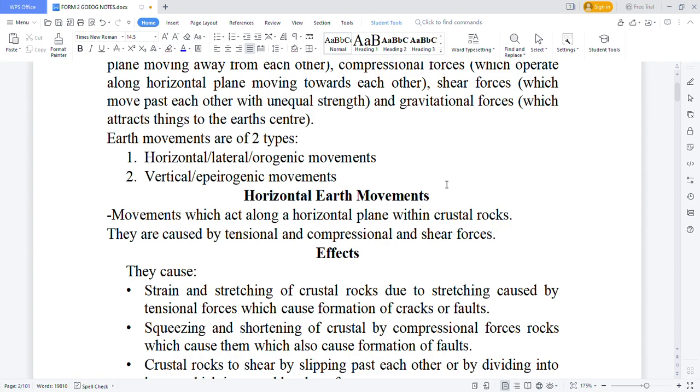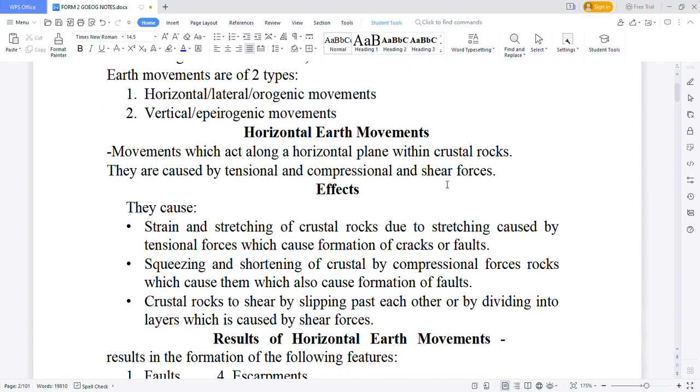These are movements which act along a horizontal plane within the crustal rocks. They are caused by tensional, compressional and shear forces.